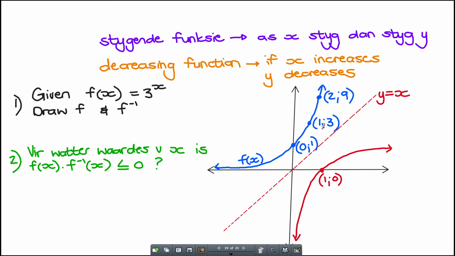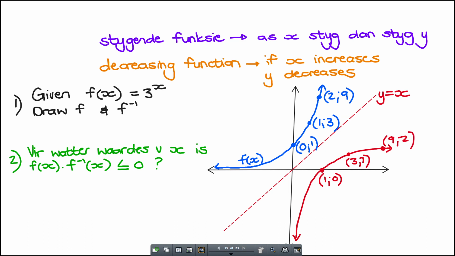That coordinate where x is 1 and y is 3 will be x is 3 and y is 1. Nee, maar onthou jy hoef net enetjie vir my data gegee. X is 2, y is 9, so hy gaan nou hier raak. X is 9 en y is 2.